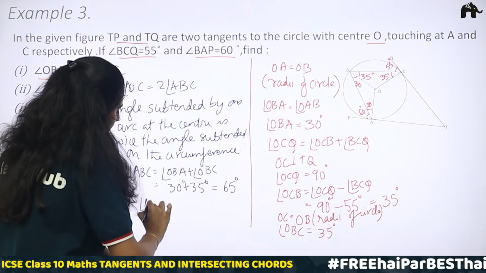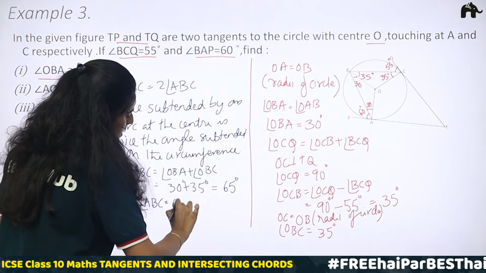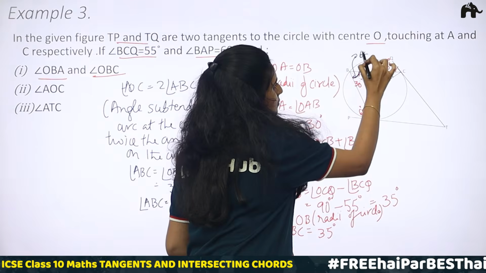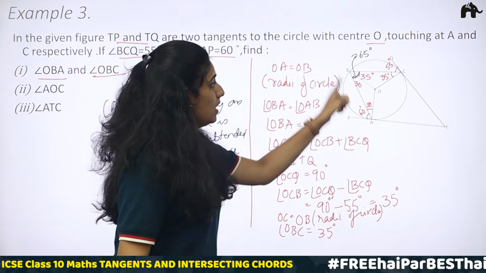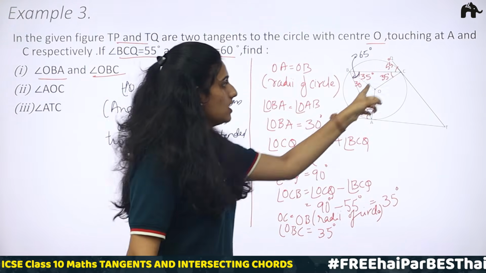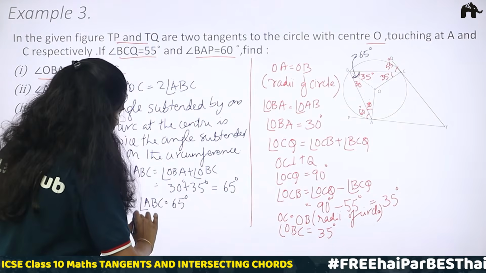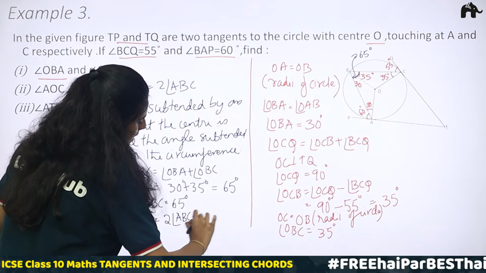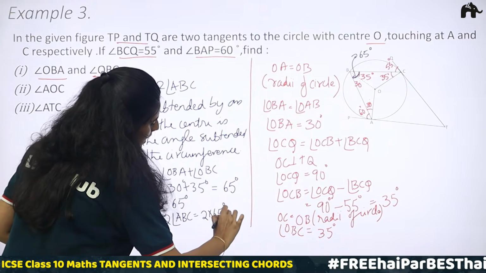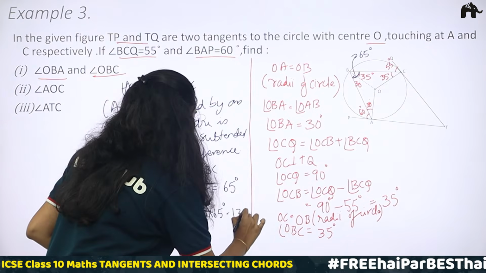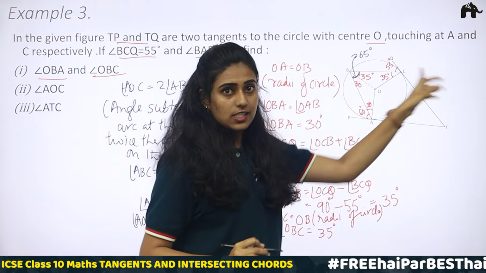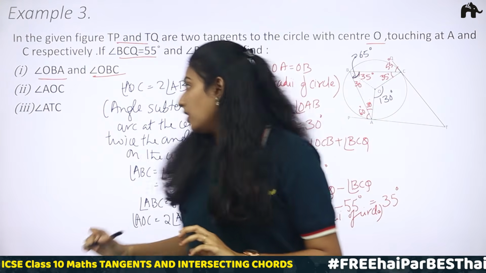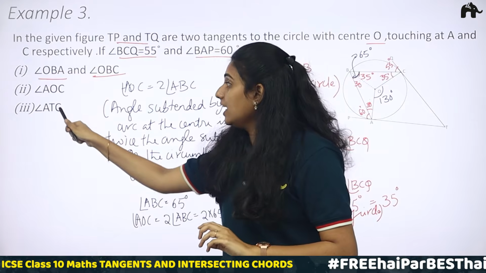Therefore angle ABC is equal to 65 degrees. When ABC is 65 degrees, what is AOC? Angle AOC will be equal to 2 times angle ABC, that is 2 into 65 degrees equal to 130 degrees. The measure of AOC is 130 degrees. Next, we have to find angle ATC.